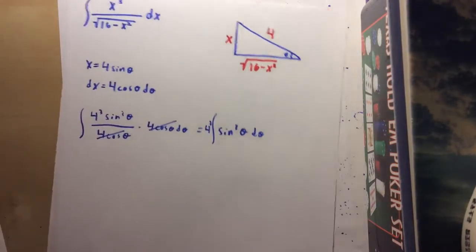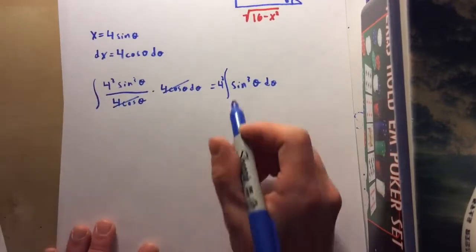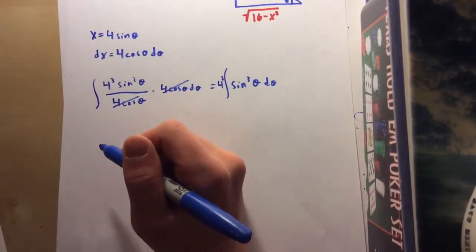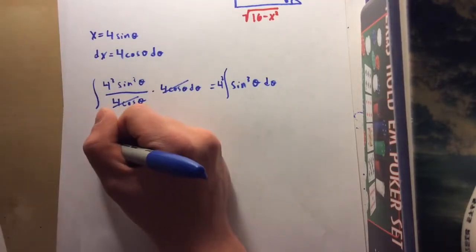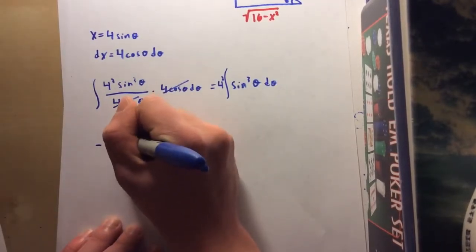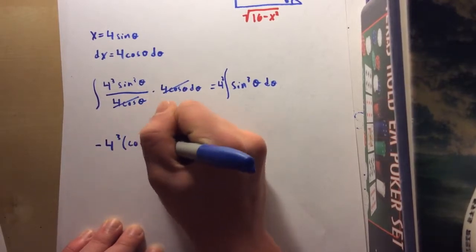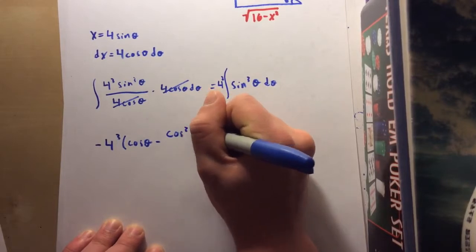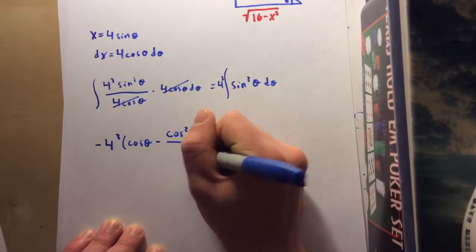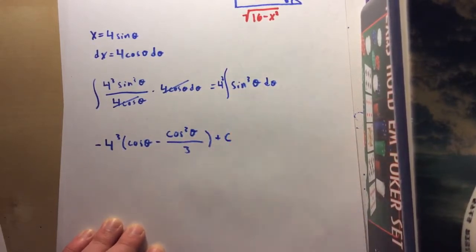So let's go back to our problem and write what we got, which is negative 4 cubed times cosine theta minus cosine cubed theta over 3 plus c.